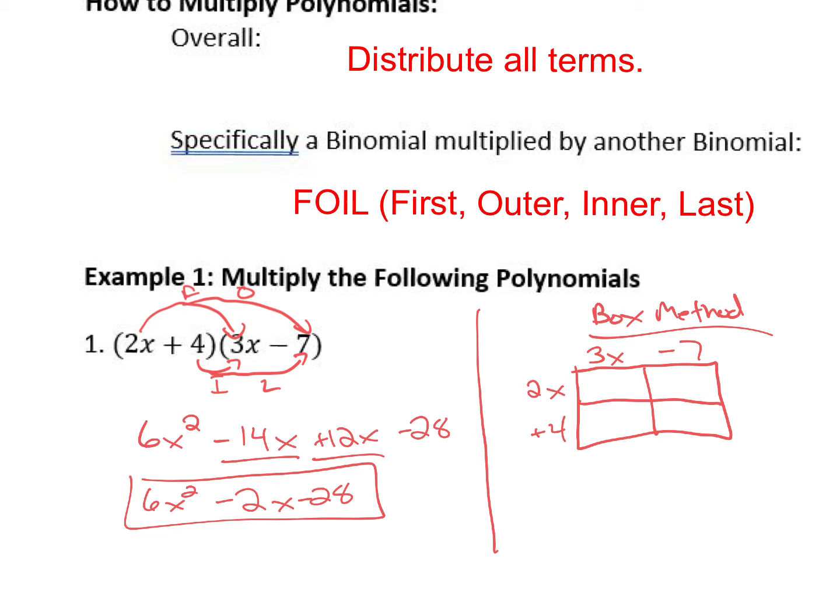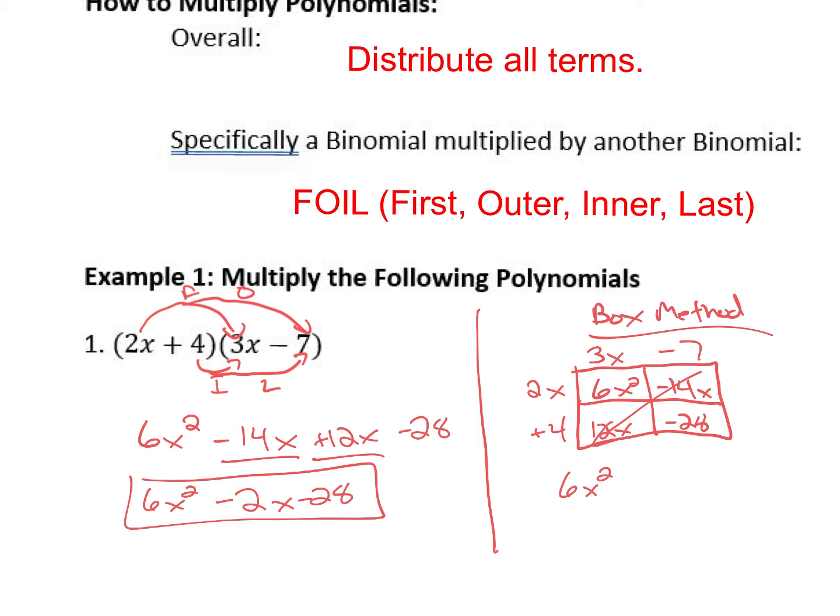It's going to work a lot like lattice, where we just say, well, what's 2x times 3x? 6x squared. What's 2x times negative 7? What's 3x times 4? And what's 4 times negative 7? And when we work down through our diagonals, you would have 6x squared.